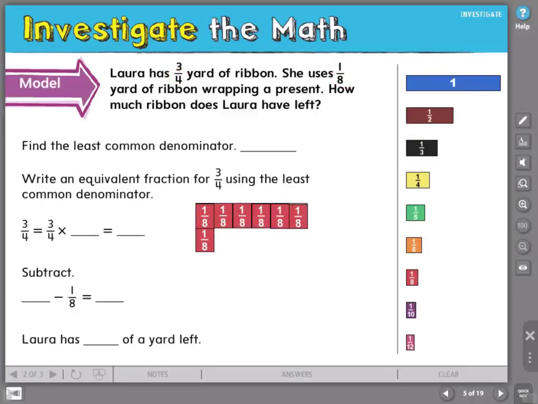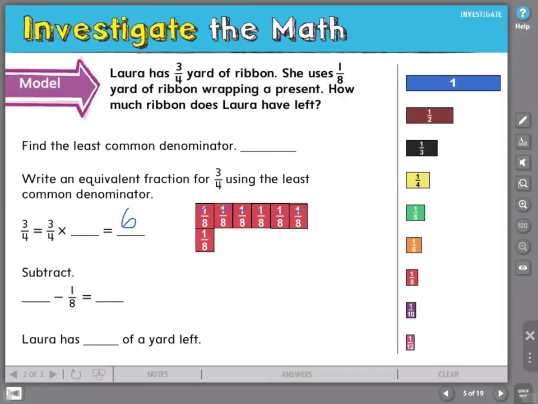Now I've replaced my 3 1/4 sized pieces with 1/8 sized pieces. It takes 1, 2, 3, 4, 5, 6 1/8 sized pieces to cover 3/4.